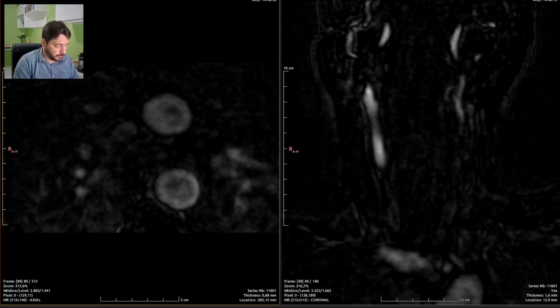So, just summarizing quickly to make it easier to read. And tortuosity of vertebral arteries.